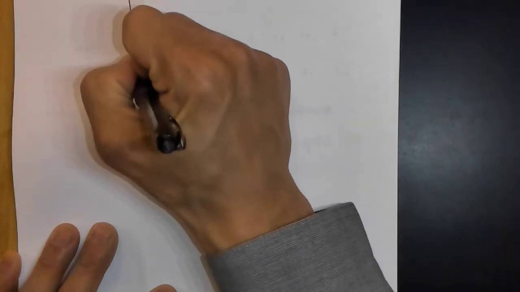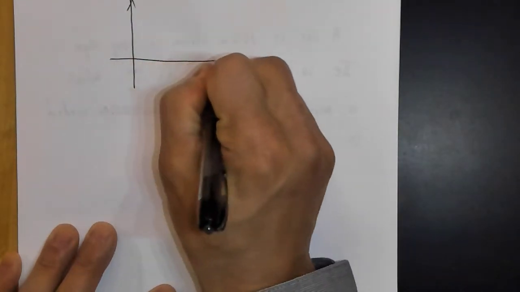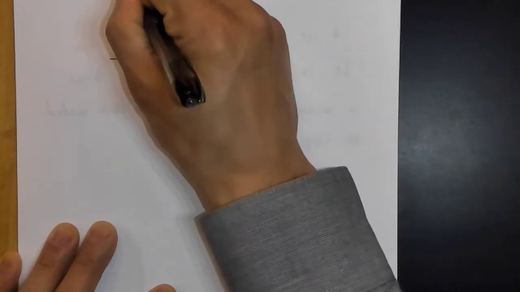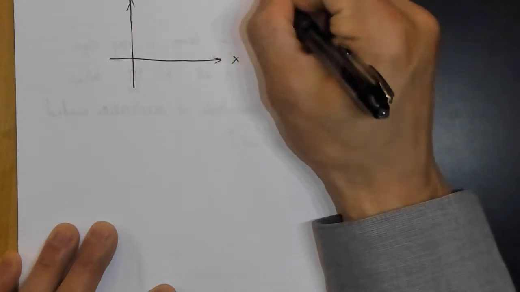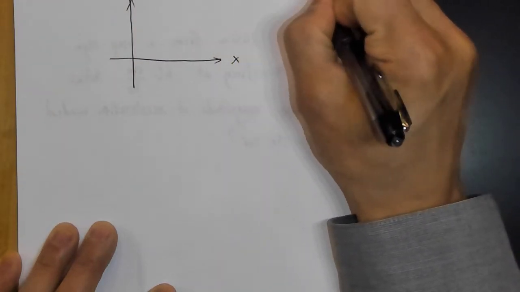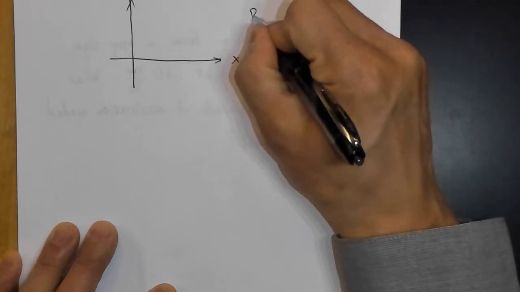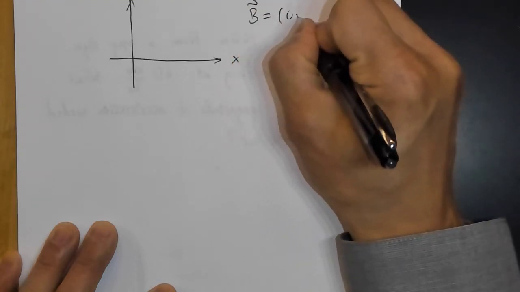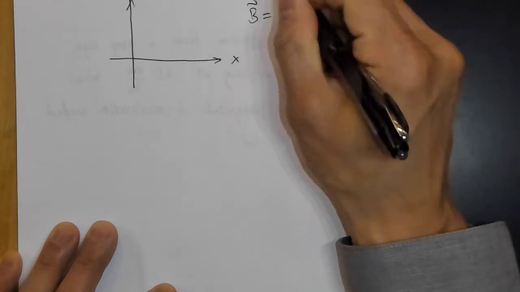Okay, so let's just draw the vectors. We said A was 2 meters comma 1 meters. B was 0 meters comma 2 meters.